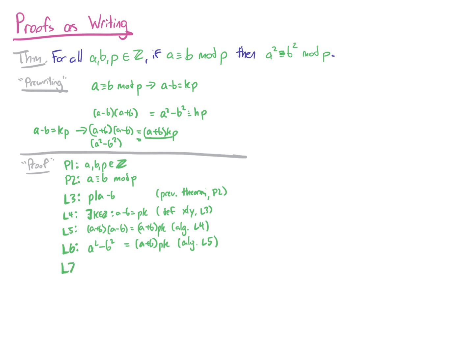Line 7. Now this is a good place to check that a plus b times k is in the integers. And indeed it is. Integer rules. If I add, subtract, or multiply integers, I get more integers.